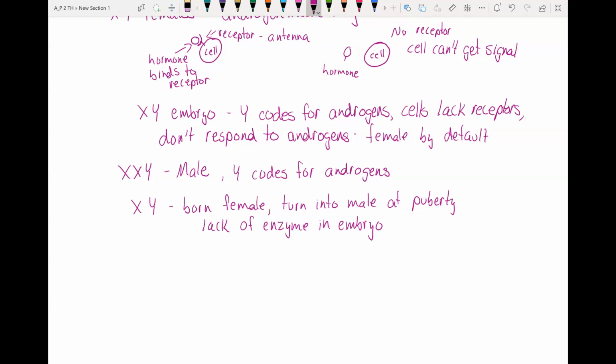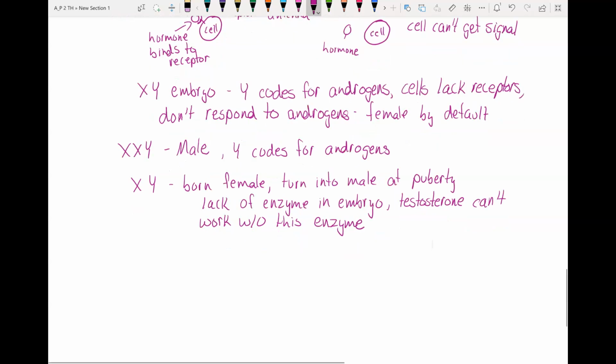So without this enzyme, the testosterone can't work. But then later, when you go through puberty, you don't need that enzyme, and it doesn't matter that the enzyme isn't there.